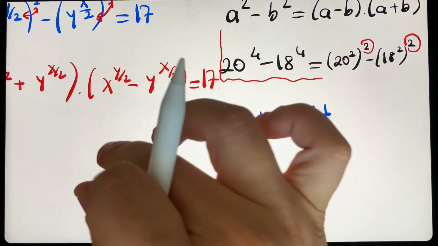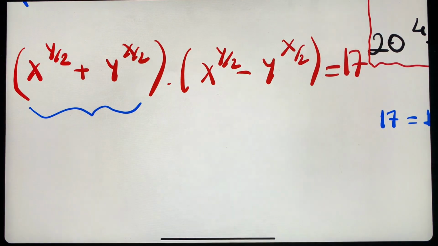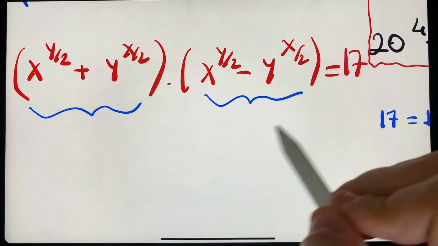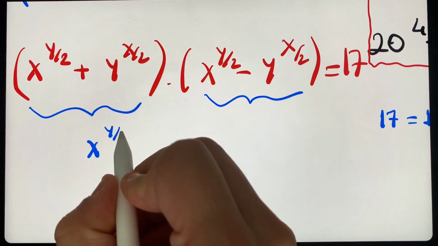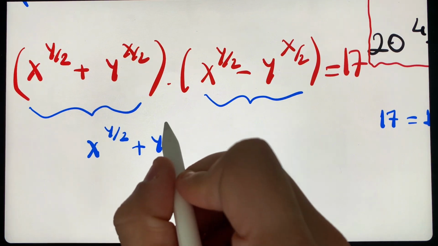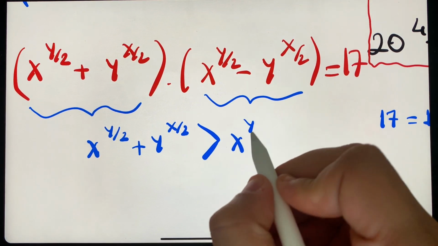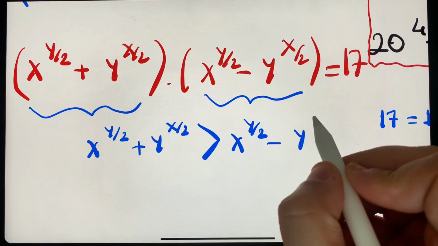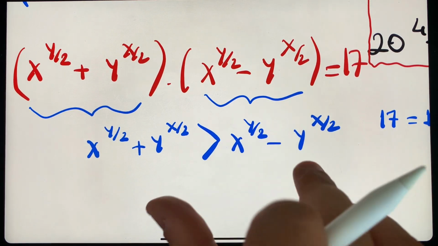In this case, if you pay attention to this part, this expression is the bigger number and the expression here is the smaller number. So I mean, x to the y over 2 plus y to the x over 2 is greater than x to the y over 2 minus y to the x over 2. In this case, what can I say?